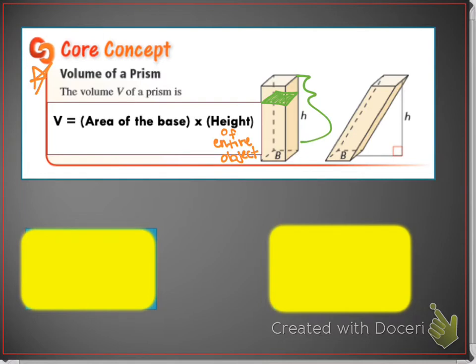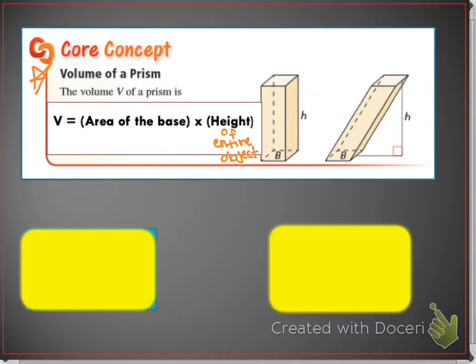Because if you really think about it, the height represents how many little cross sections there are in this object. So that's where this formula comes in, if that makes sense. So envision, like, however many sheets of paper stacking up inside of this object. And that's how volume is figured out.